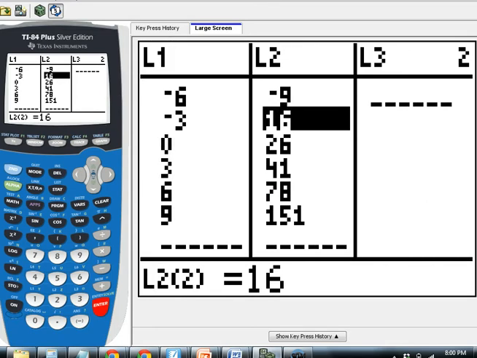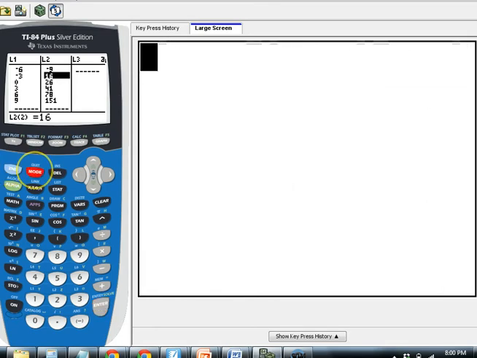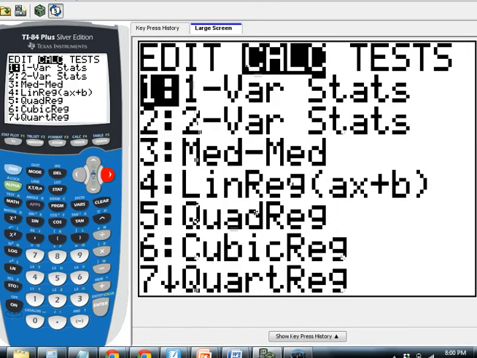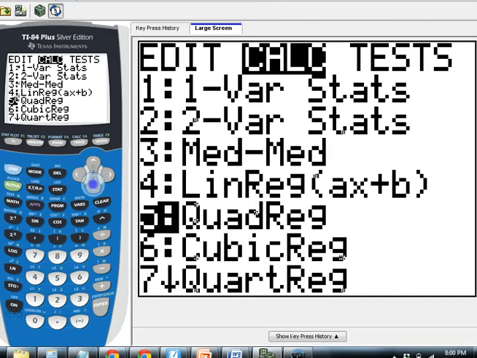make a quartic equation. So we're going to quit this, and we will press the stat key again. And this time we will go over to the calc menu. Now if you look at the calc menu, you'll see the options down here, basically 4, 5, 6, and 7.